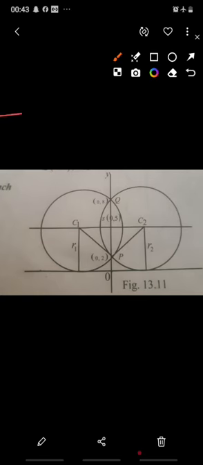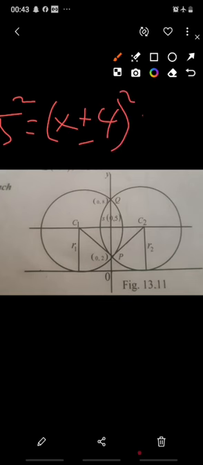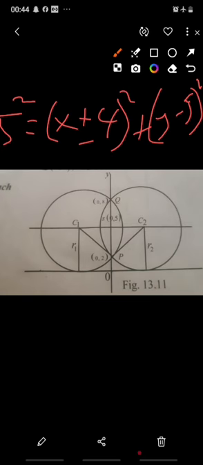So we have 5 squared is equal to (x plus or minus 4) all squared plus (y minus 5) all squared. So here we have to expand.